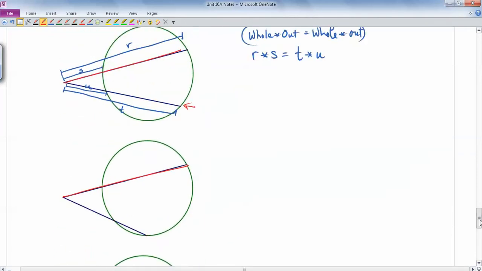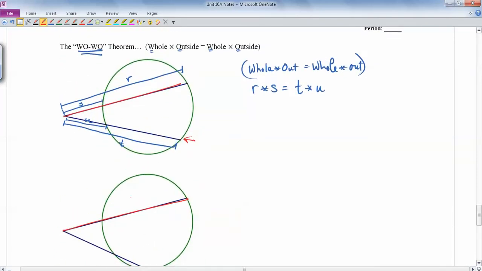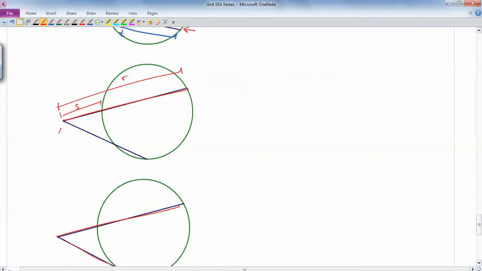But the formula stays the same. So right here, the whole thing is still r. The outer part is s. Here, the whole thing is t, and the outer part is u. And it's still whole times outside equals the whole thing times the outside.